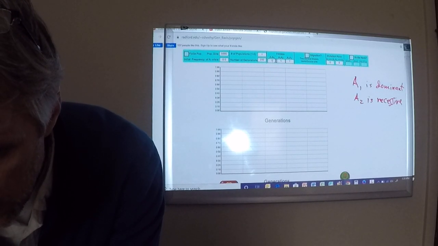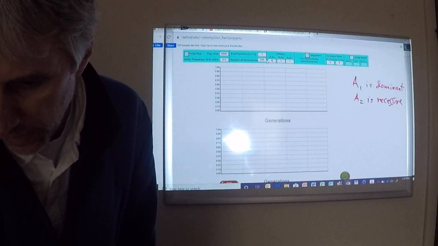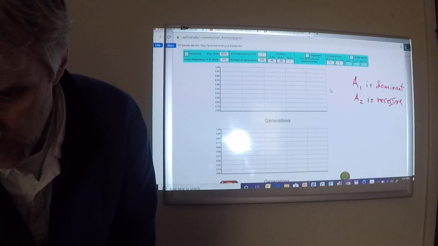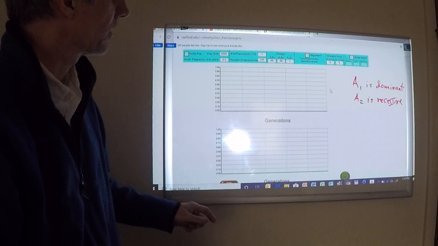So I can go ahead and indicate that by altering the relative fitnesses of each of those genotypes.